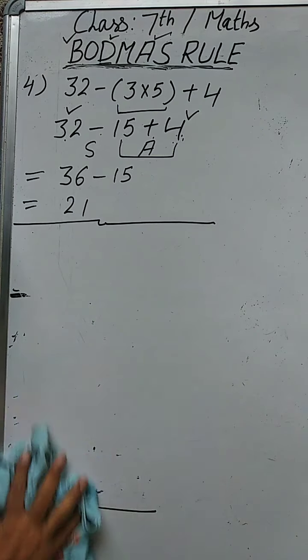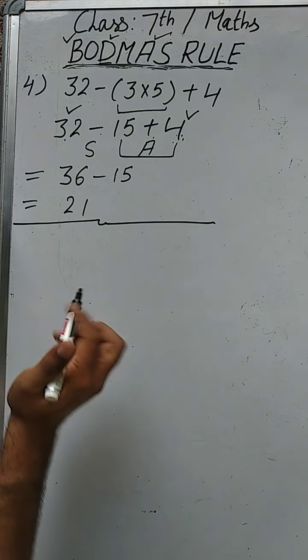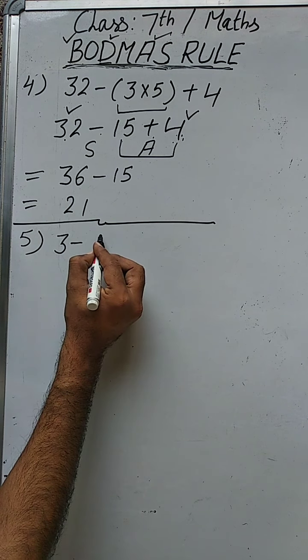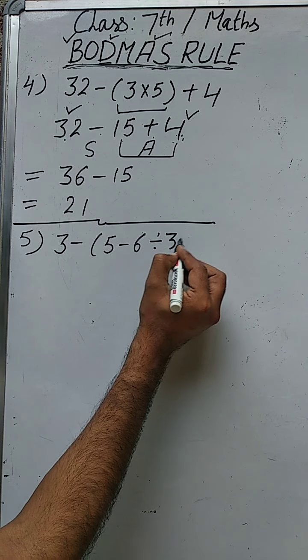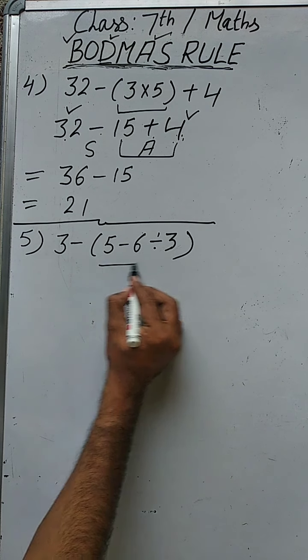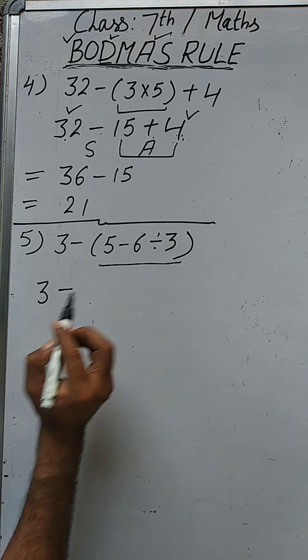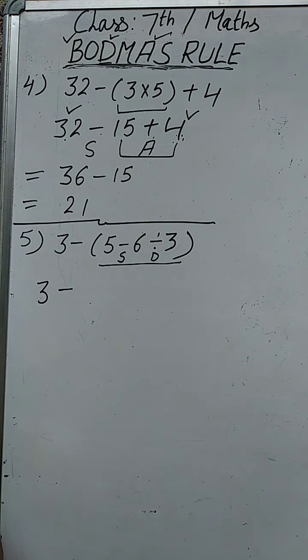And your next question is question 5th. 3 minus (5 minus 6 divided by 3). Now look here beta, is there any bracket? Yes, here is a bracket. So inside the bracket there are two operators, subtraction and division.